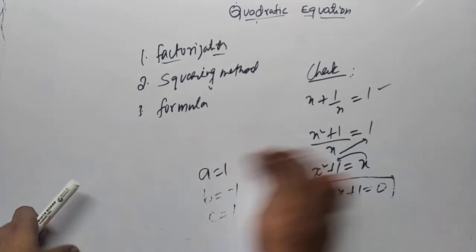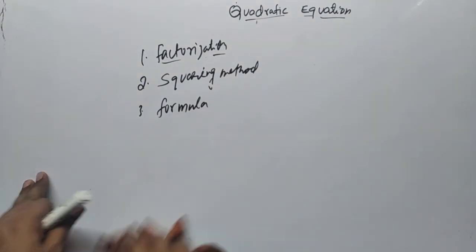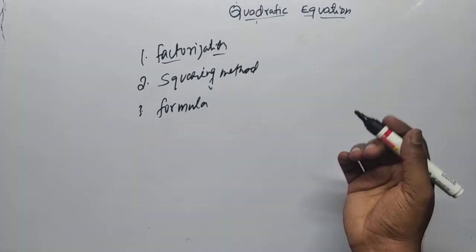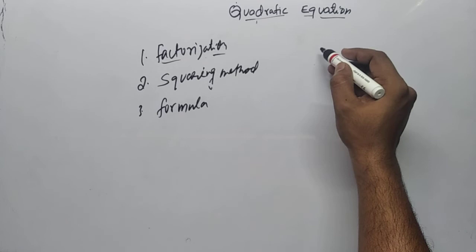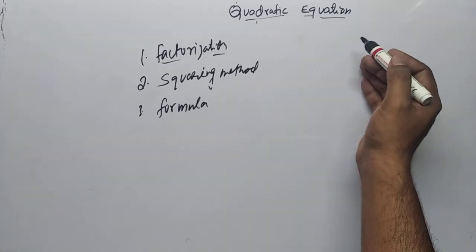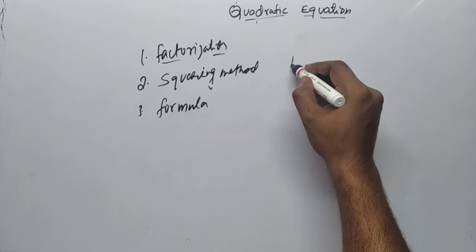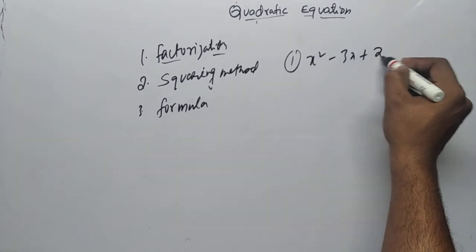Yes, I forgot one thing. In the same exercise you will have a second part, where you are given some questions and you have to check whether the given solutions are correct for the given equation or not. Suppose you have x square minus 3x plus 2 is equal to 0.